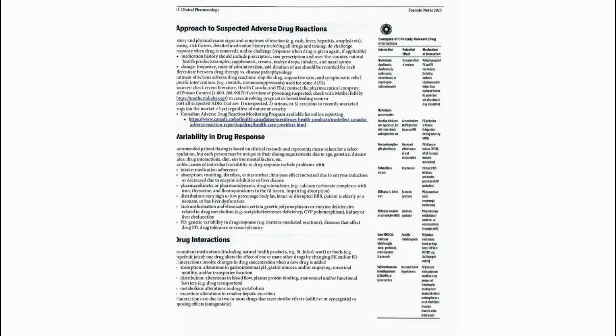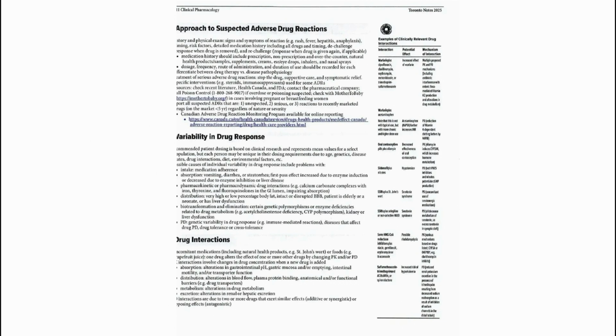Absorption. Examples include changes in gastric pH, gastric emptying, intestinal motility, and drug transporters. Distribution. Interactions may alter blood flow, plasma protein binding, tissue barriers, and drug transport proteins. Metabolism.